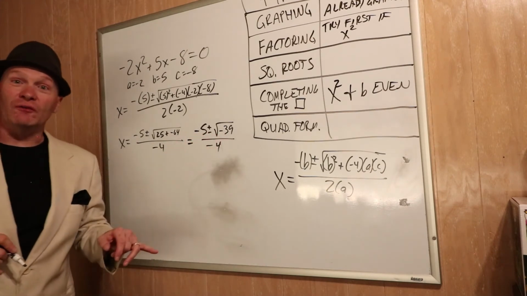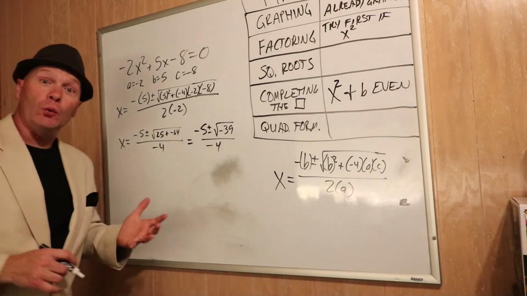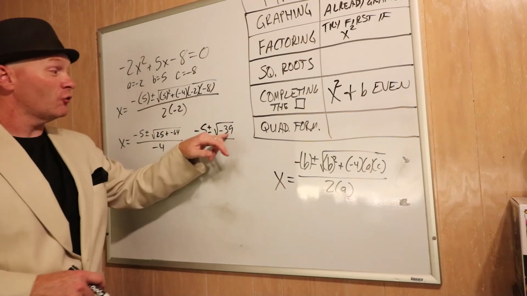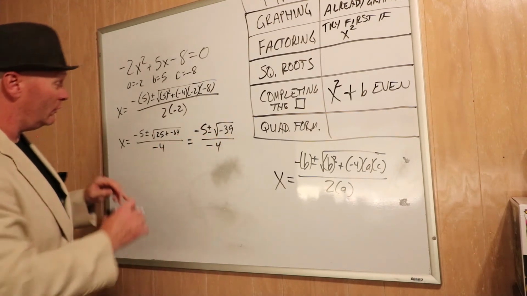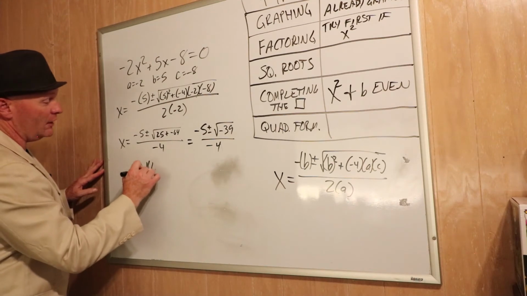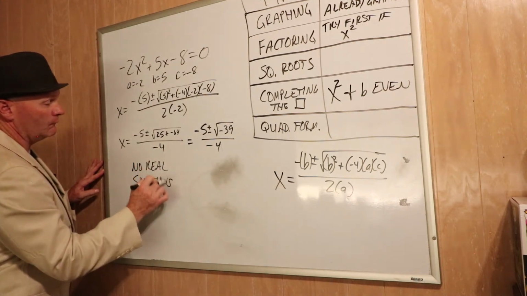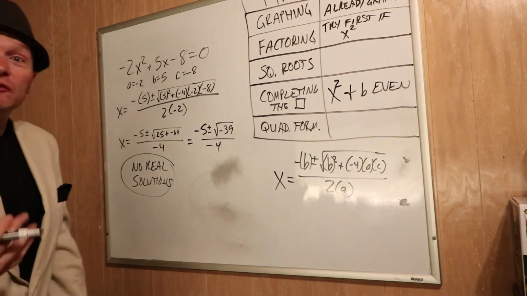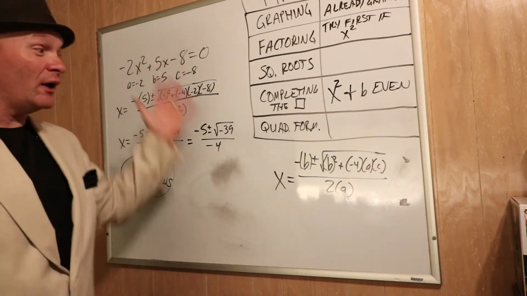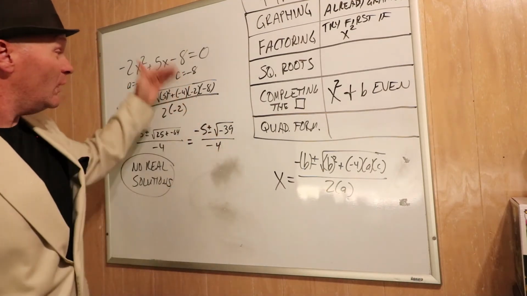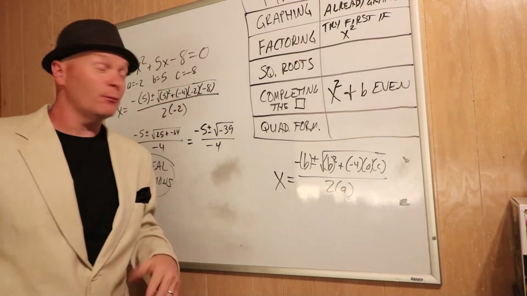The square root of negative 39, we do not know yet how to find the square root of a negative number. So remember, once you get a square root of a negative number, your answer is no real solutions. Okay, as you found out the last couple weeks, the quadratic formula works all the time, but it's very long and difficult, and it's easy to make a mistake.